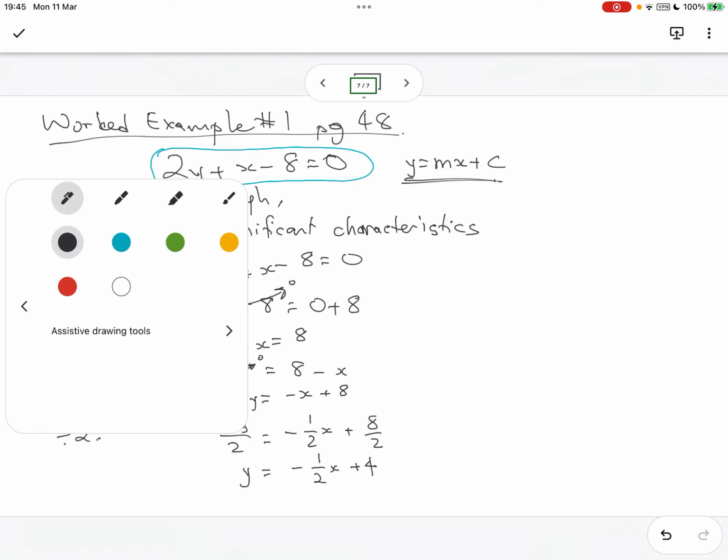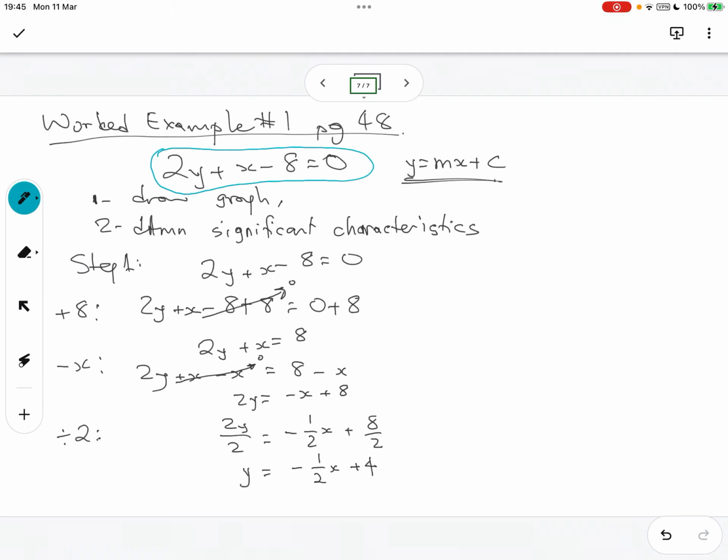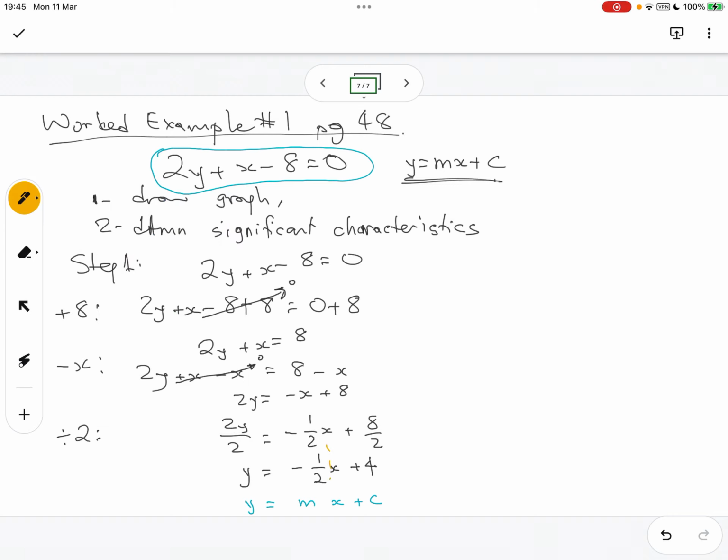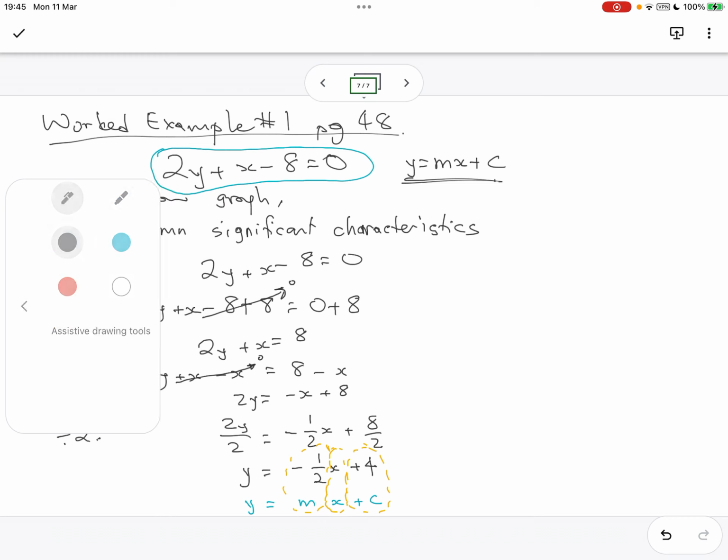Right? And when you pay close attention, this is in the form y equals mx plus c, where m is our gradient, x is our independent variable, and c is our y-intercept, right?